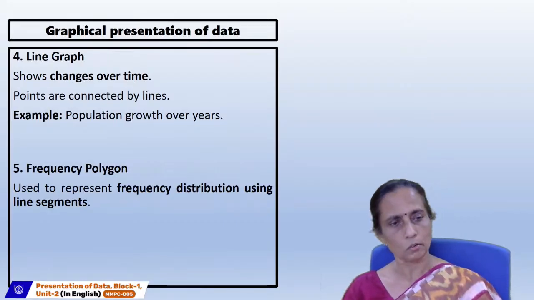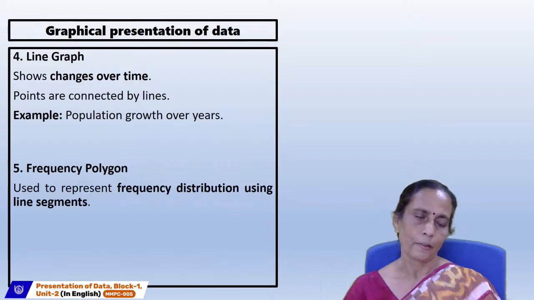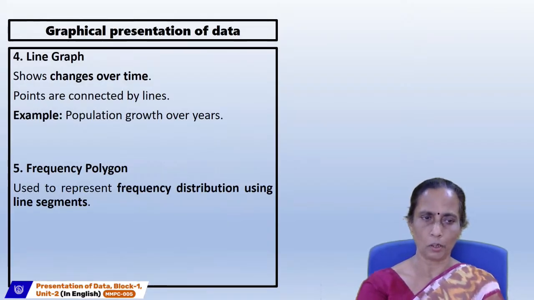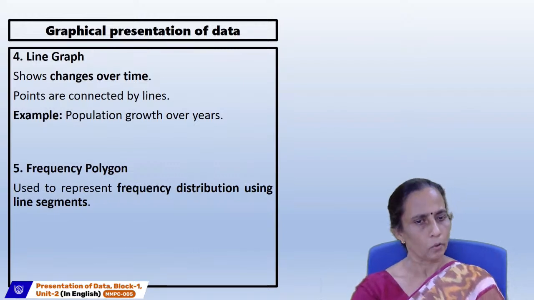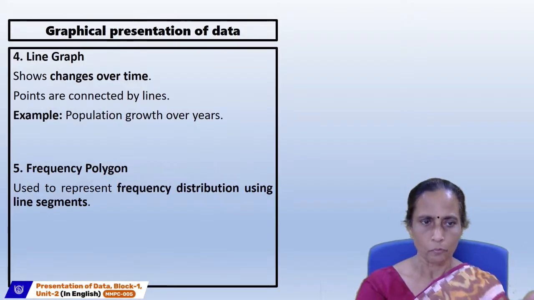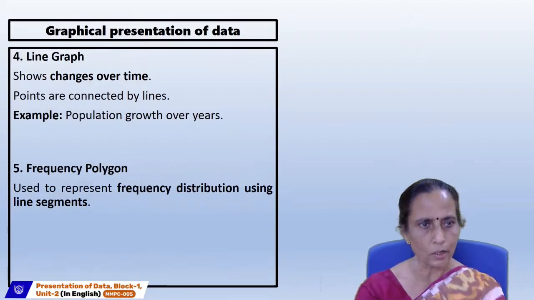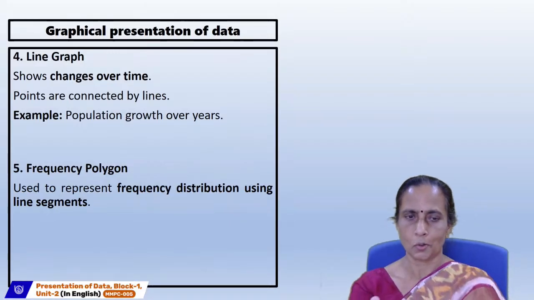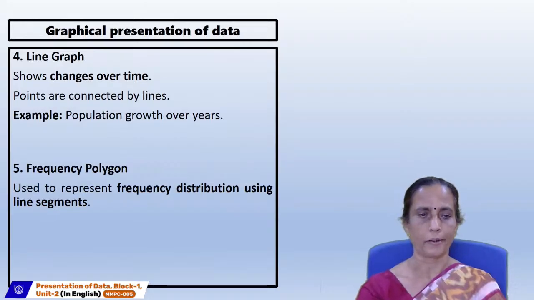So population growth over years can also be presented in line graphs. And frequency polygons are used to represent frequency distribution using line segments. We will be discussing the categories of frequency polygons, less than, more than, in due course, that means in the coming slides.